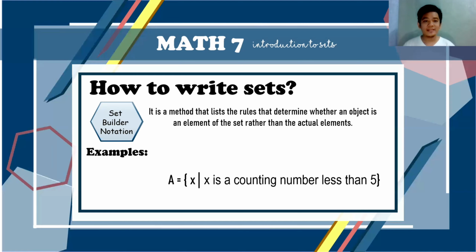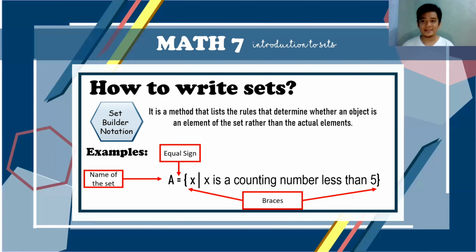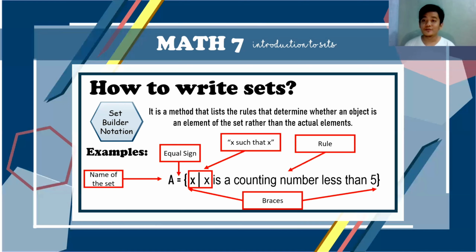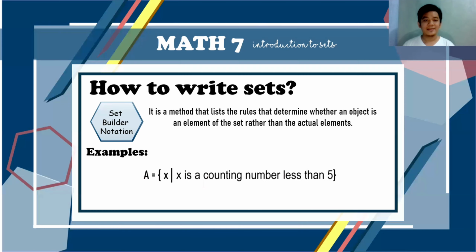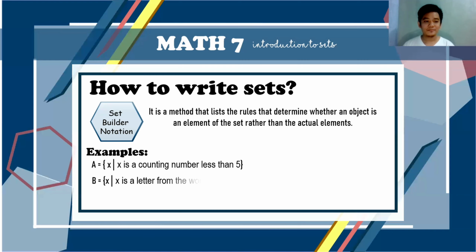So in writing sets using set builder notation, we have to include the name of the set, the equal sign, the braces, and an additional x such that x. You heard it right. This is how we read this: x such that x, and then followed by the rule, which is a counting number less than 5. Let us have another example.